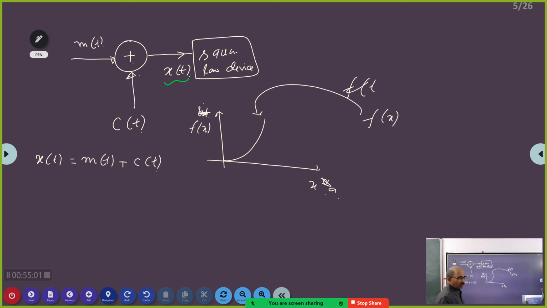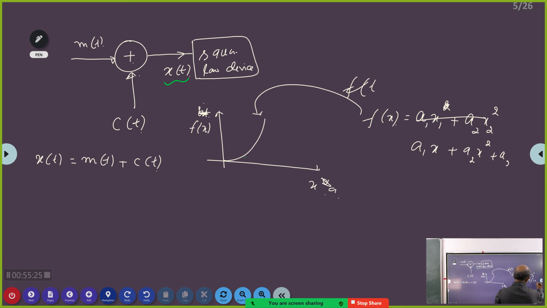Now, if you do proper mathematics, you will find there are terms a1 x plus a2 x square plus a3 x cube and so forth. What I'm trying to tell you is, if you want to realize such a function f of x, then you will find that it contains many terms.